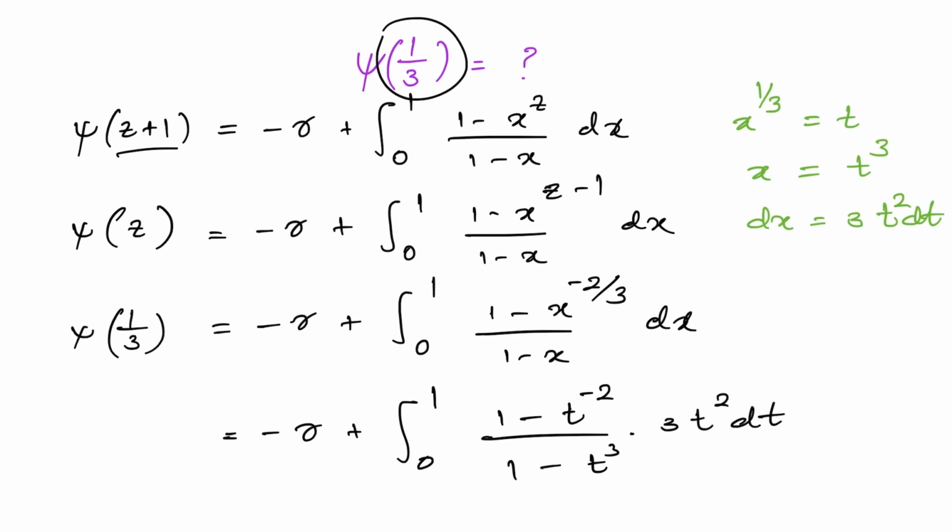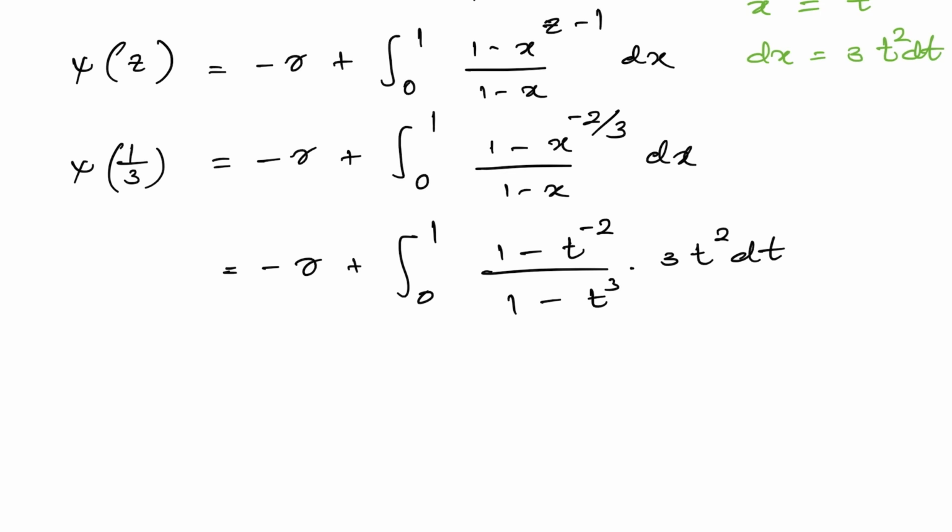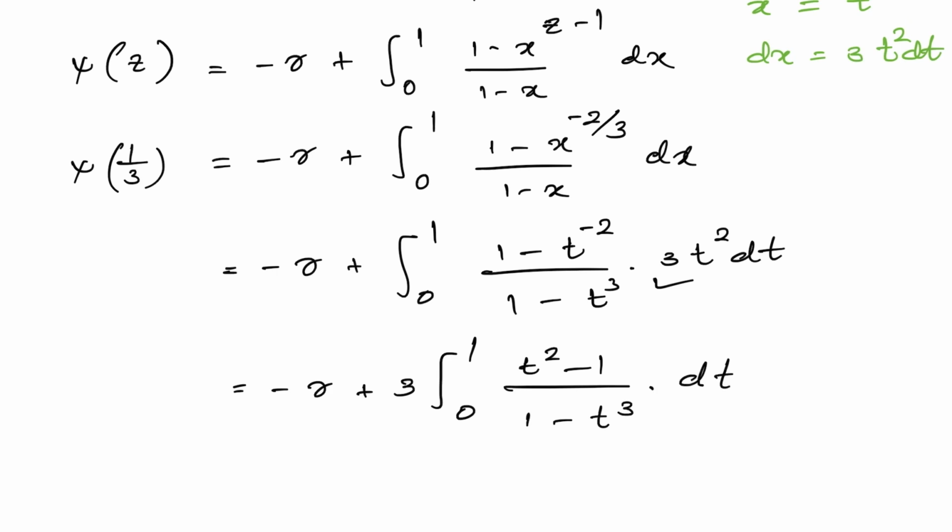Now we can simplify a little bit. So we have minus gamma plus, here 3 is a constant, so you can write it outside of the integral sign, from 0 to 1. Now if we simplify this, we have (t squared minus 1) over (1 minus t cubed) times dt.